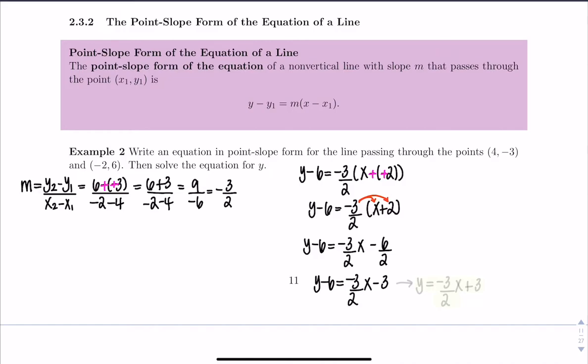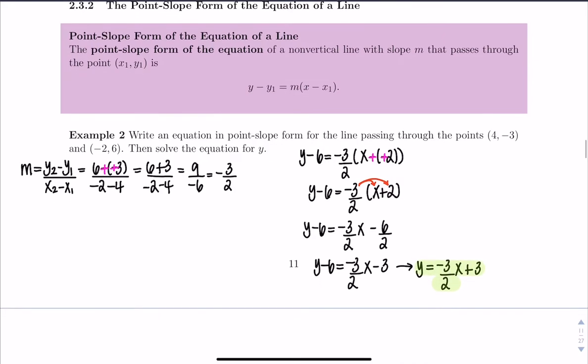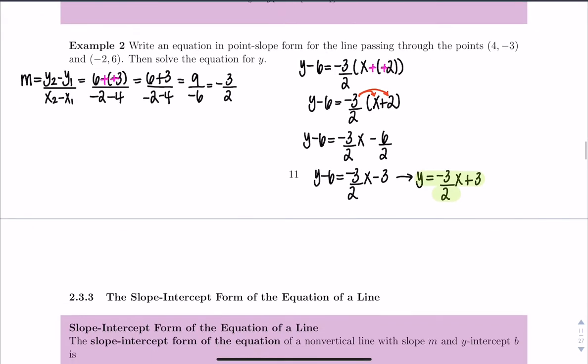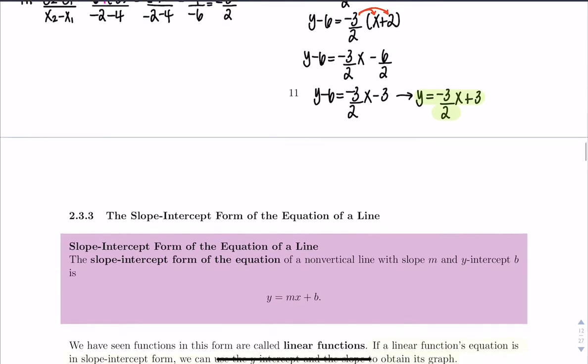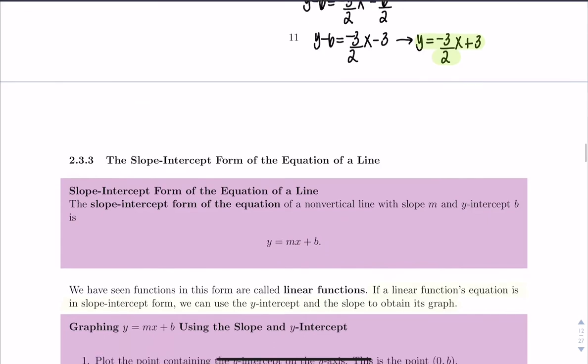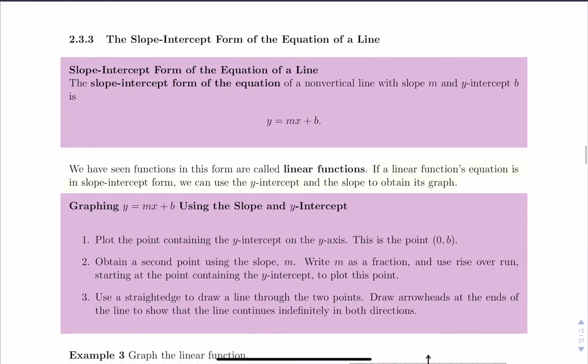And then adding 6 to both sides, we get that y equals negative 3/2 x plus 3. And so we took something in point-slope form and we turned it into slope-intercept form, which is the next form we're going to talk about.